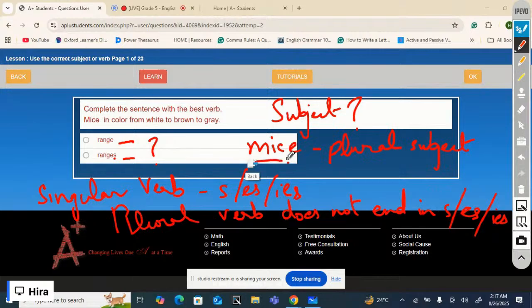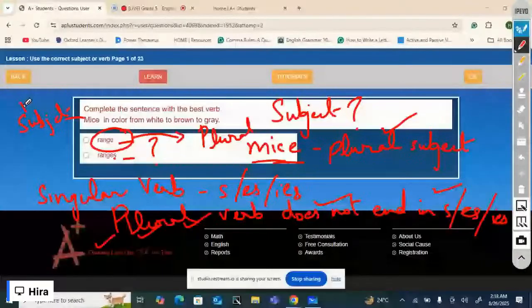Now, if the subject mice is plural, we are going to choose a plural verb which does not end in S or ES. So, range does not end in S or ES, which means it's the plural verb. Range is a plural verb, and mice, the subject, is plural.